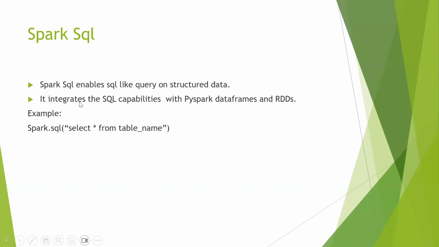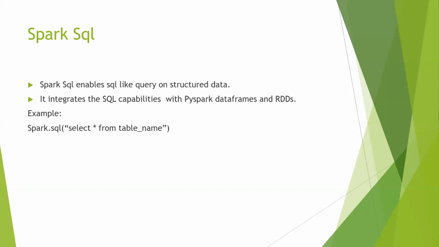So we can say Spark SQL enables SQL-like queries on unstructured data. Here we can use Python programming, and at the same time we can use SQL programming also in PySpark. So whatever is more suitable for you, or is the better approach for your data, you can use that kind of programming in PySpark.